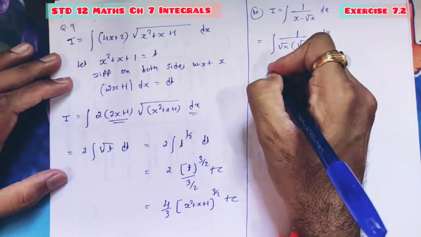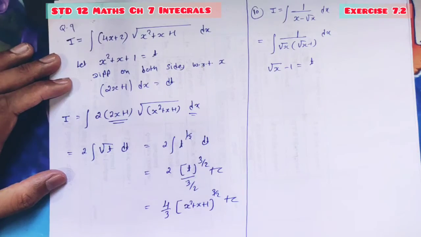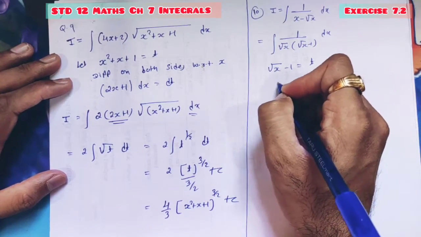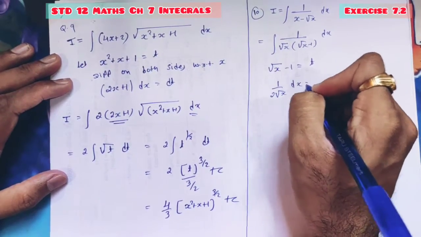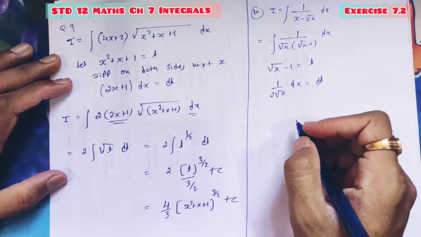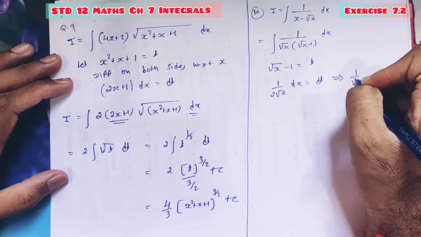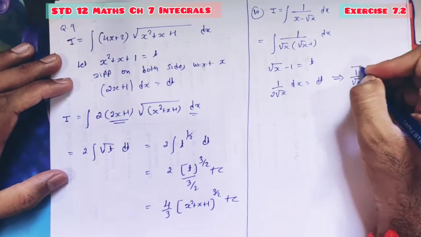Done. Now taking this root x minus 1 as t. So differentiation is 1 upon 2 root x minus 0 dx equal to dt. Therefore we can write 1 upon root x dx equal to 2 dt.